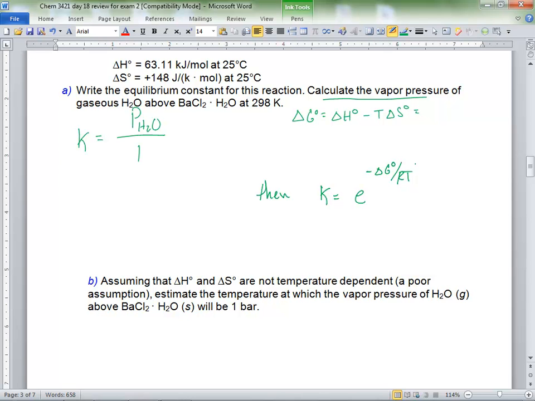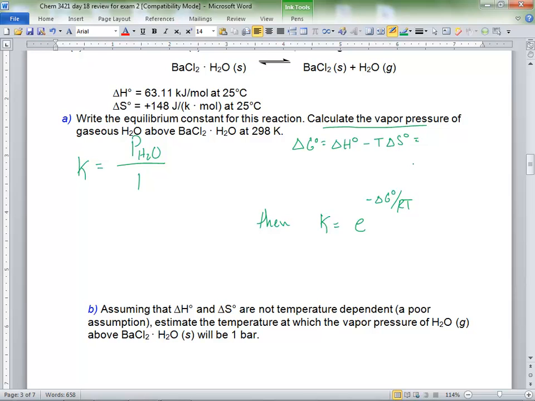For the T delta S, just multiply 298 times the delta S. Yep, and watch your units. Did you notice this? Tricky. This one has kilojoules. The other one doesn't. So get everything in terms of joules. An easy way to do that is just replace kilo with 10 to the third. It doesn't look that great, but it works. Then you don't have to worry about moving decimal places, multiplying or dividing by 1,000. Kilo is 10 to the third, so just put it in.